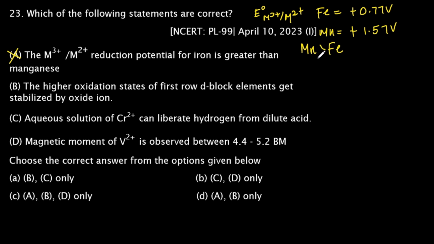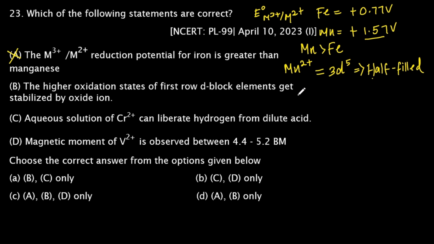So from this what can we understand? Manganese is stable in +2 oxidation state due to the 3d5 configuration. 3d5 is a half-filled configuration. So to remove the third electron from this half-filled stable configuration, more energy is required. So it has a greater reduction potential value.